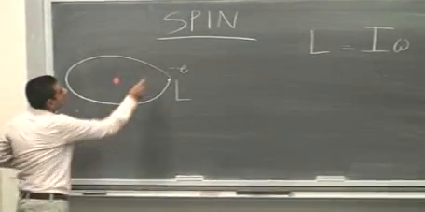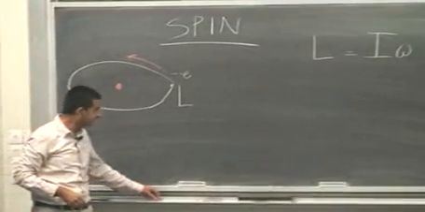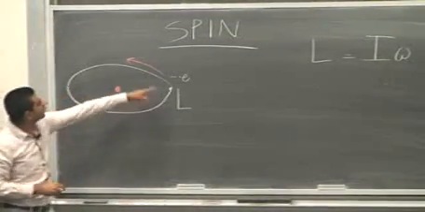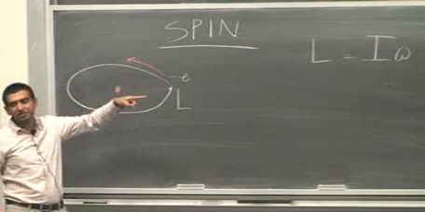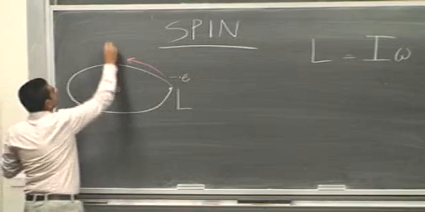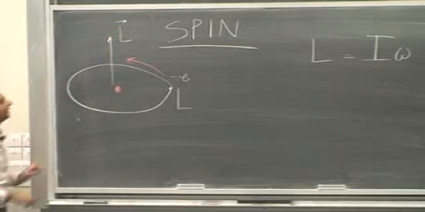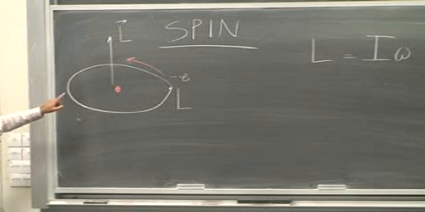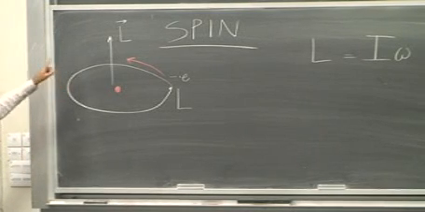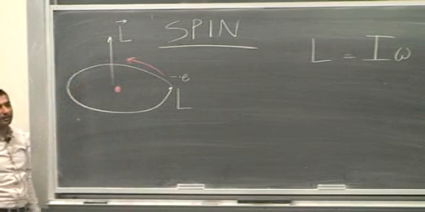So the electron is orbiting the nucleus and the angular momentum is pointing in a certain direction. For this particular direction of revolution, which direction is the angular momentum pointing in? Upward. Okay. So since angular momentum is a vector, we have the angular momentum vector pointing in the upward direction for this direction of revolution.